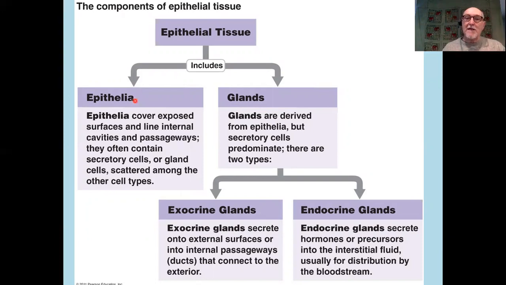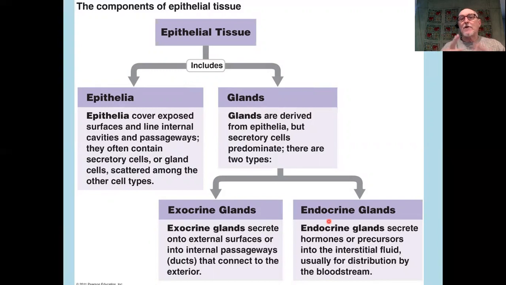We have many, many exocrine glands in the digestive system. All of their products are secreted out. Their outside is the interior of the gut. They are secreted into the interior of the gut. But there is another group of glands also derived, usually, not always, but usually from epithelial tissues. These are called the endocrine glands.